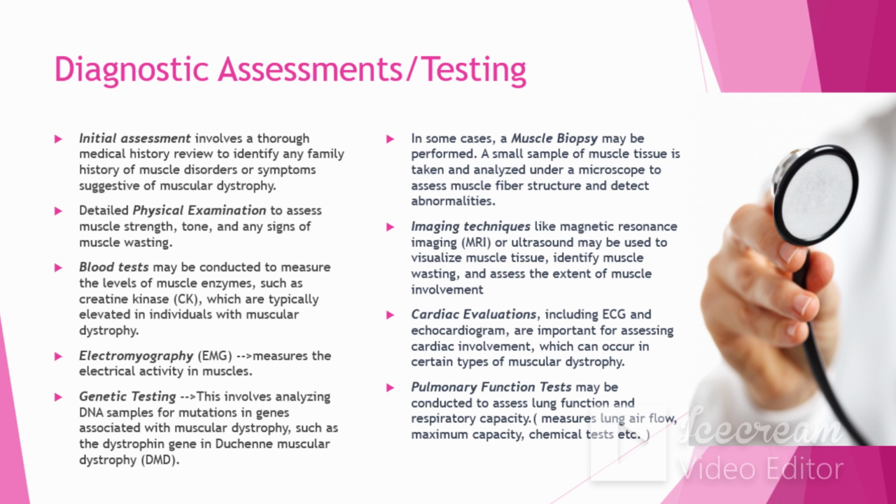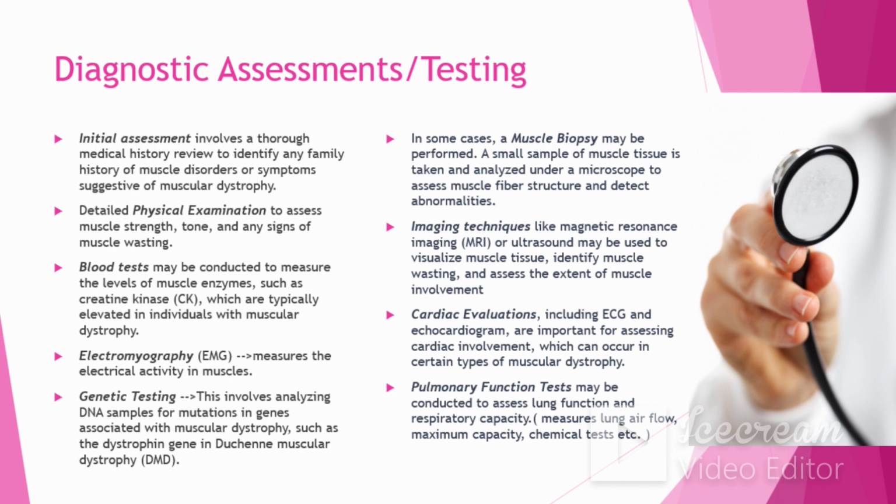Next would typically be a detailed physical exam to get an understanding of muscle strength, muscle tone, and any signs of inefficiencies within the muscle or muscle wasting. Also, blood tests could be conducted to measure the level of various enzymes, such as creatine kinase, which are typically elevated in individuals with muscular dystrophy. EMGs could be used to measure the electrical activity in muscles, and if we see any abnormal patterns there, that can help in the diagnosis process.